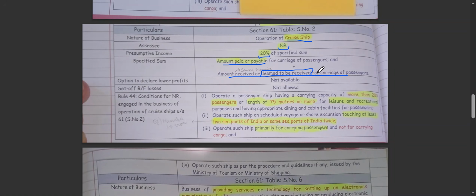Similarly, I believe this also includes such cases where the payment is disguised in the form of some other payment, and then we take it as specified sum, we include it in specified sum. I believe this is the case. That's why there are two different parts of the same meaning: amount paid or payable, and amount received or deemed to be received. Now, the option to declare lower profits is not available, and set off of losses is not allowed.